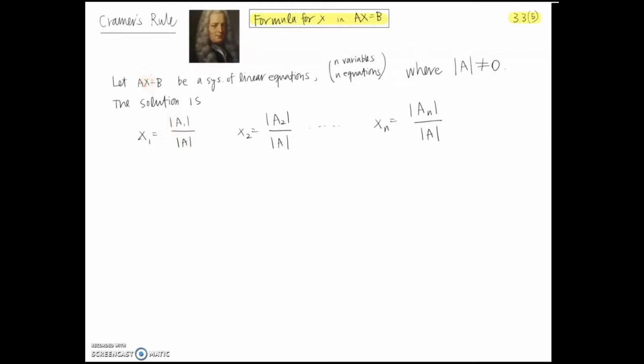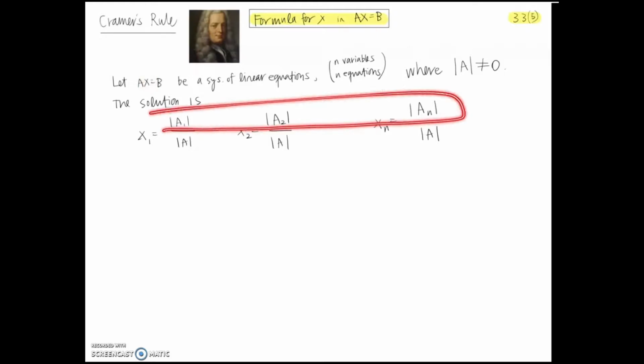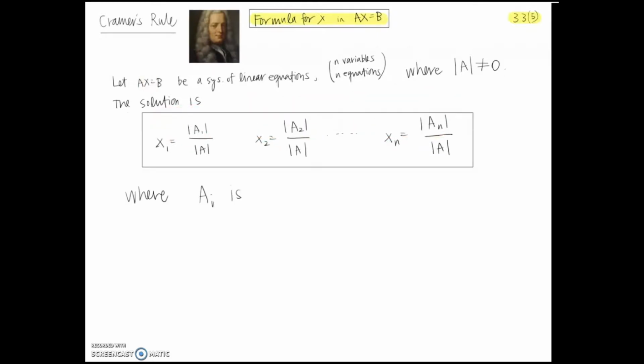Now I haven't told you really what A1, A2, and An are yet, where Ai is the matrix obtained by replacing column i of A with b.